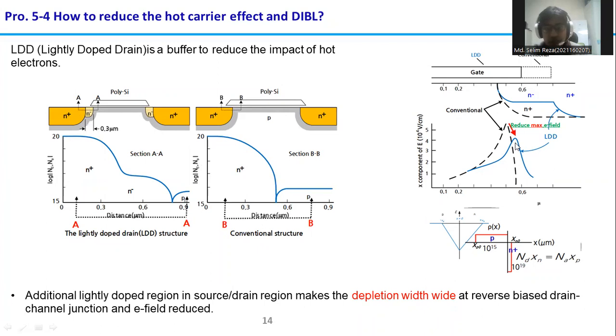So the electric field is directly connected with the hot carrier effect. So it will basically reduce the hot carrier electron if we apply the LDD region into the drain and source by reducing the electric field.